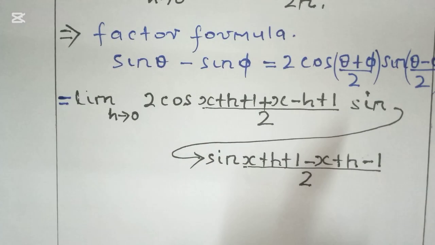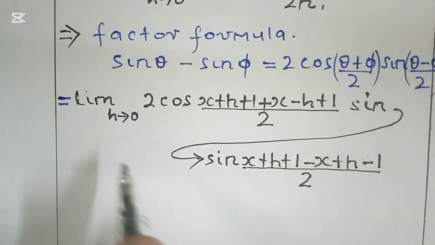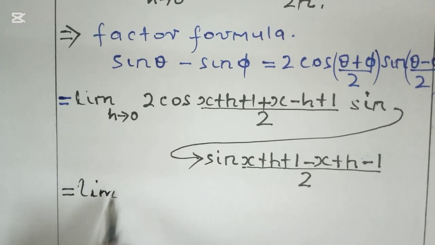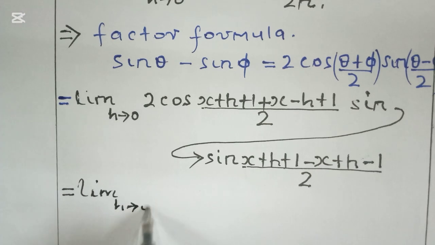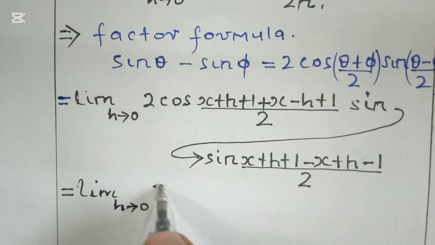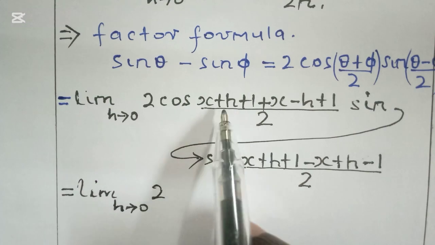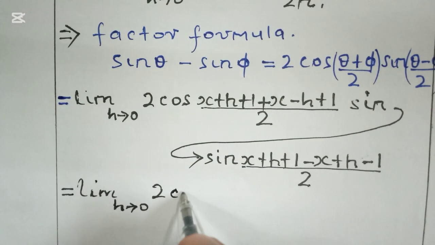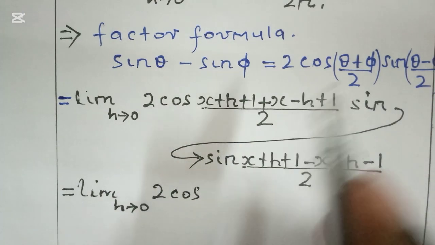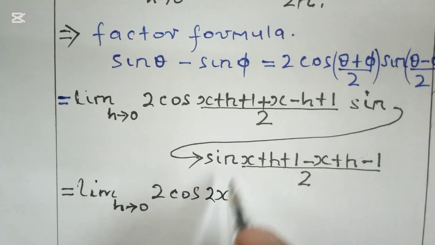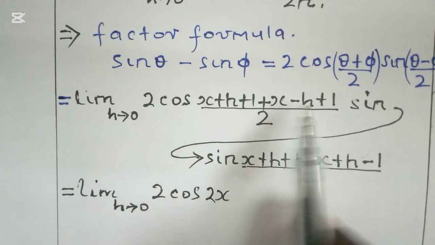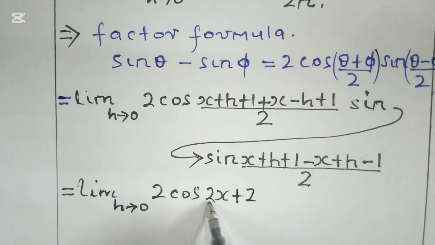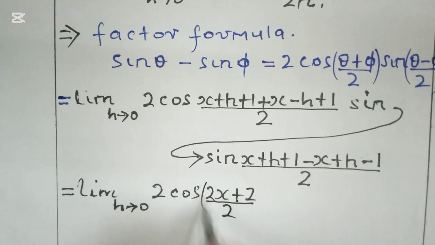And so therefore, we can work out that this is now going to be equal to the limit as h tends to 0 of 2 cos of, x plus x, we have 2x, h minus h is 0, 1 plus 1 is 2, all that all over 2.